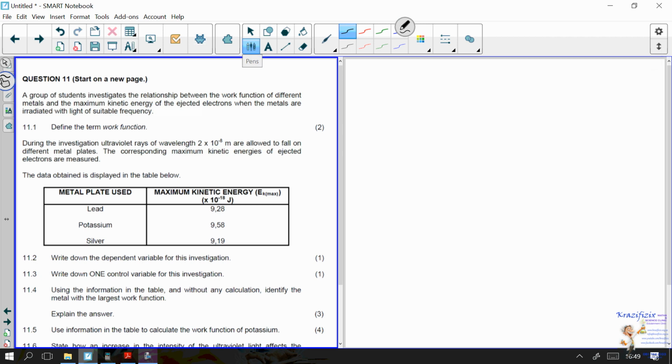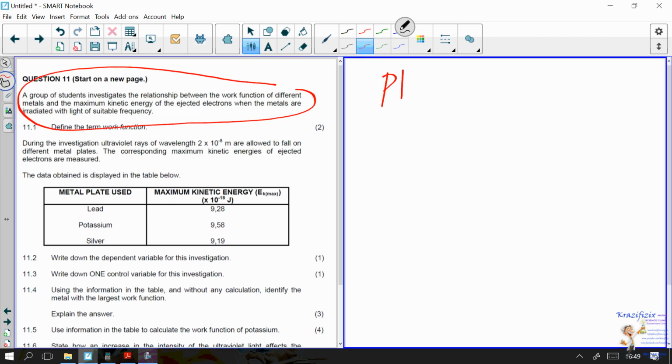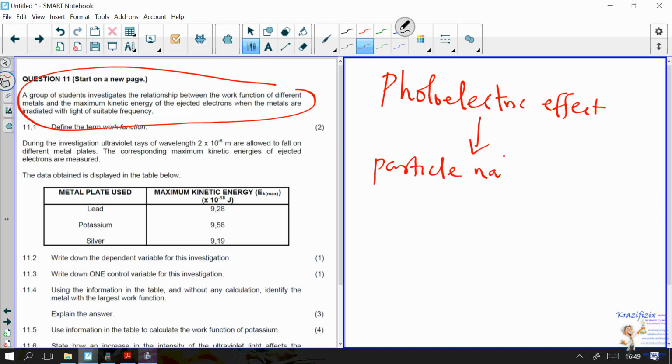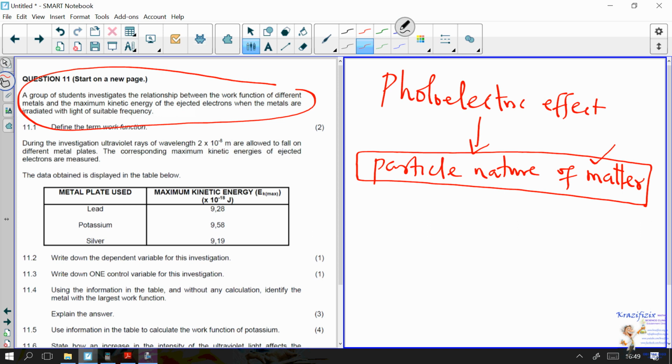This alone describes the photoelectric effect, which exemplifies the particle nature of matter. Matter can behave either as a wave or as a particle. This is a particle. Sometimes it's asked, and it's 1 mark there.